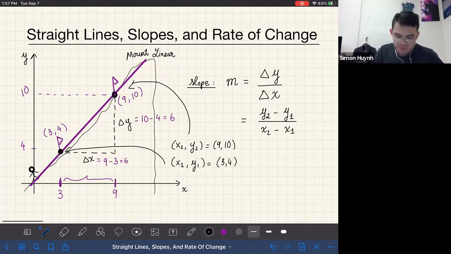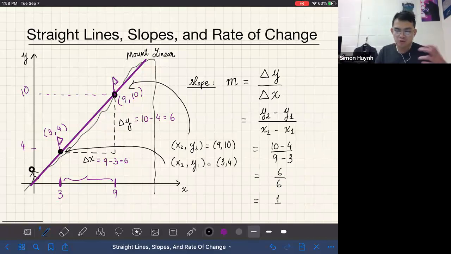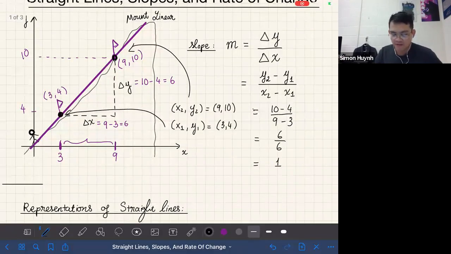So plugging these numbers into the formula, we get y2 minus y1, which is 10 minus 4, divided by 9 minus 3. So we get 6 over 6, and so we get 1. So the slope here is 1.